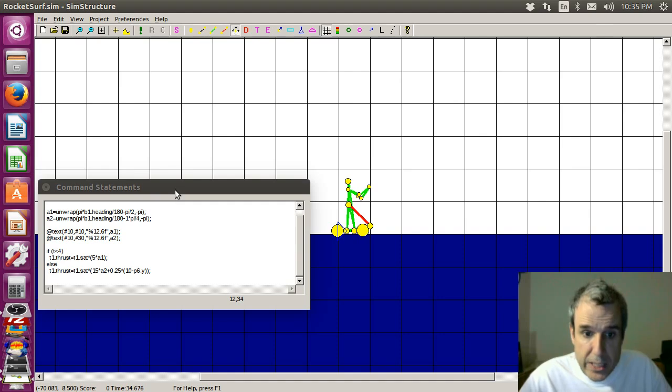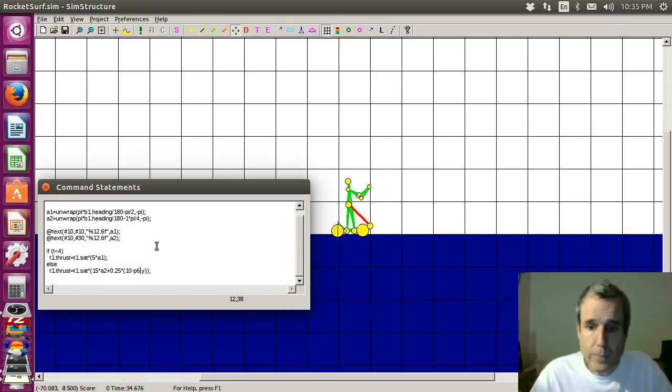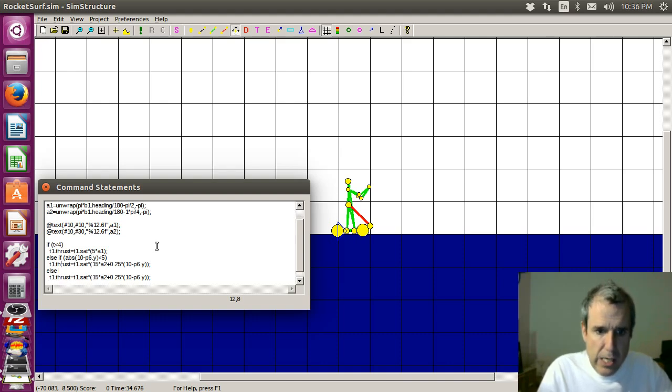Do you want to try for a more exact, how about if 10 minus P6 dot y, absolute value, let's increase this to 5.